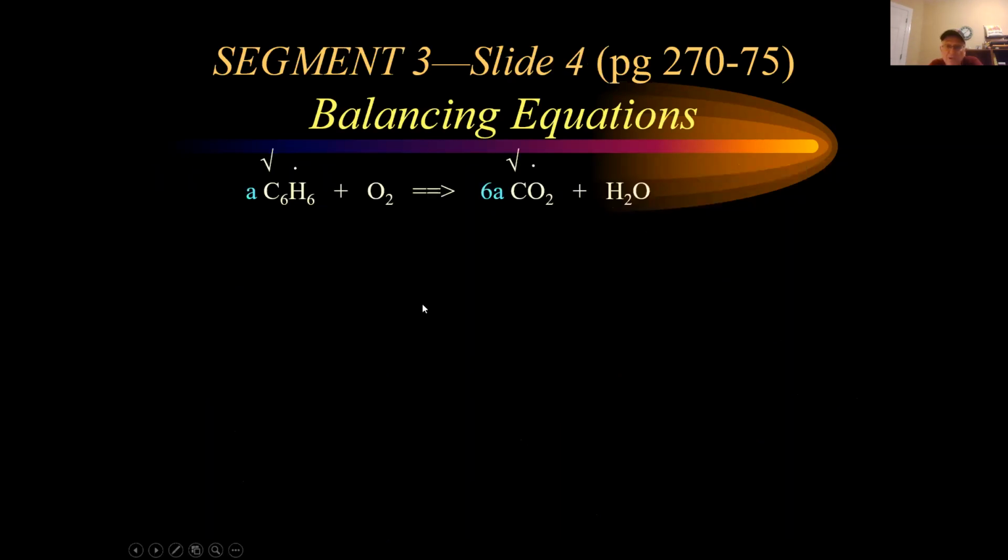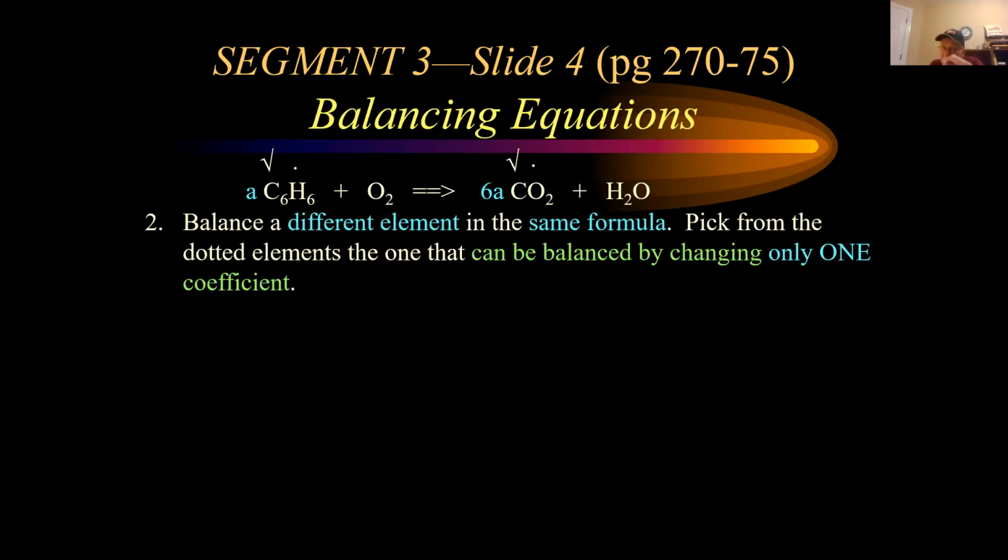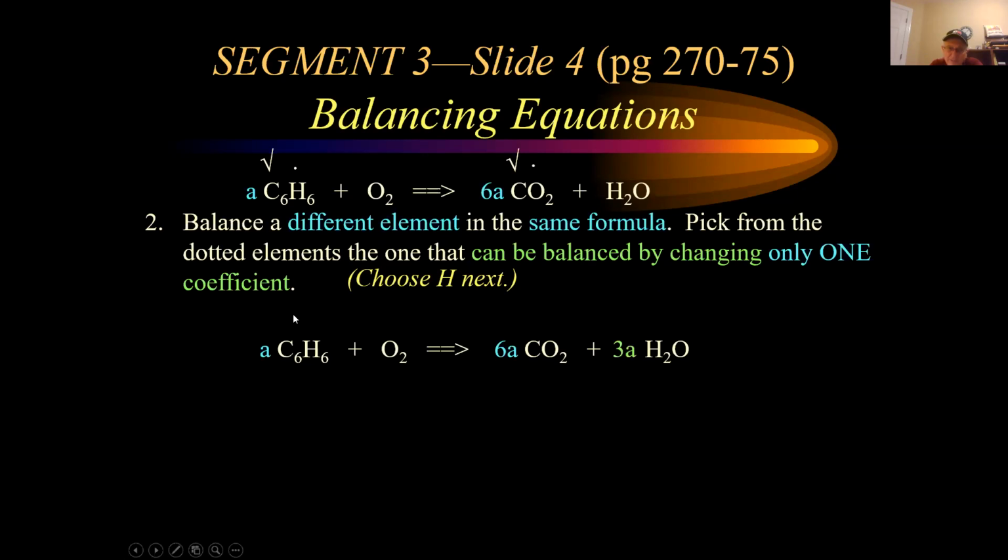We wouldn't want to do oxygen because to balance it, I know there's 12A total, but I don't know how many more I have to add to this to get a number that goes here. So I can't do oxygen now. So I balance a different element in the same formula. So in other words, I'm going to one of these dotted elements and balancing it next. Okay, so I chose hydrogen as the next one.